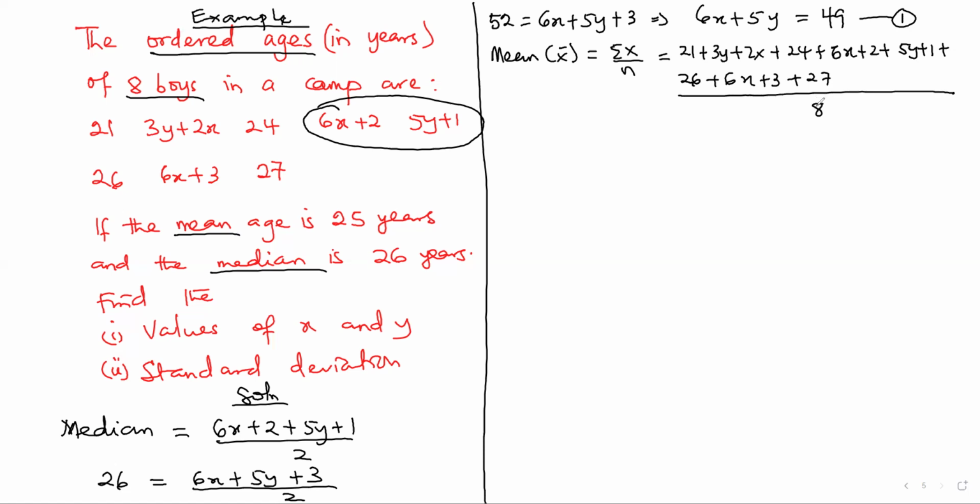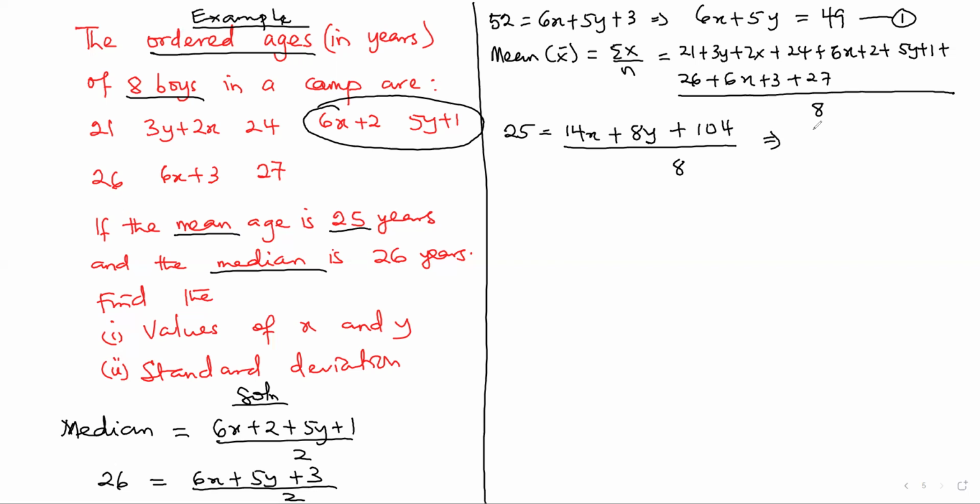Now n is 8, but our mean is given as 25. So we have 25 equal to, and when we sum this, the x will give you 14x, the y will give you 8y for 3y plus 5y, then the constants give you 104, divided by 8.